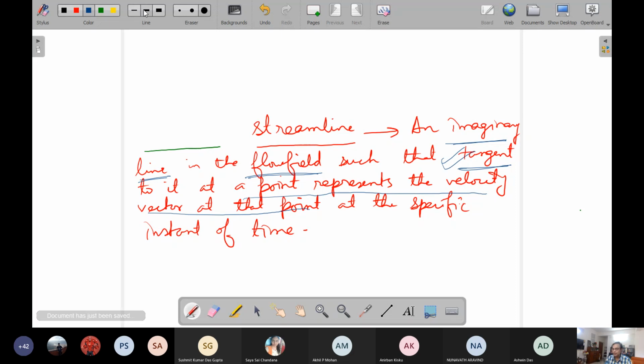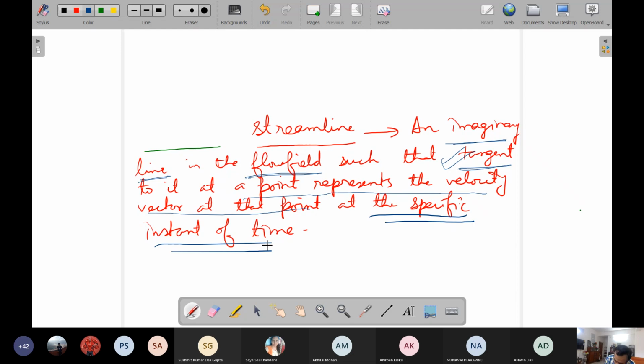What needs more strong emphasis is that at the specific instant of time. So what it means is that streamline is an instantaneous concept. It is an instantaneous concept in a way that it is defined only at a specific instant of time.